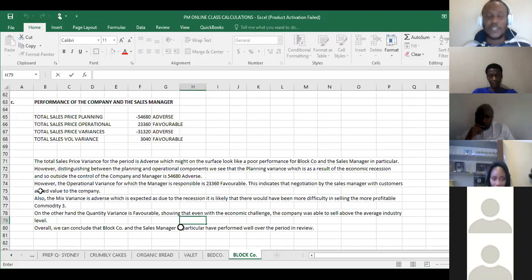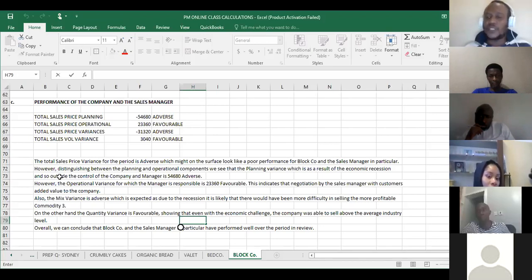If I wanted to continue on the point with the planning variance, I could have incorporated the fact that we can't blame anybody for the plan in itself. There's an economic recession, so no matter how good your plan was, if your plan was made before the economic recession, then it would have been very difficult for you to have had a plan that would have incorporated that adversity or that adverse planning variance. Do you get what I'm saying?